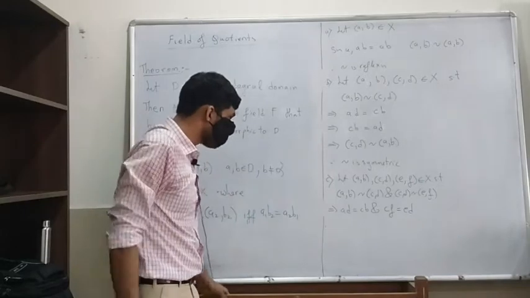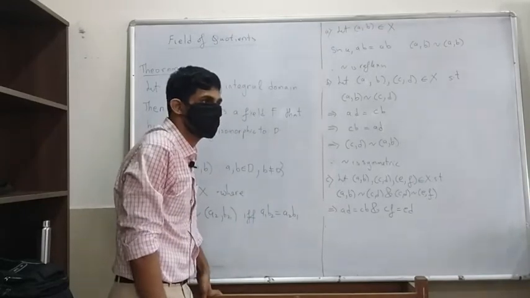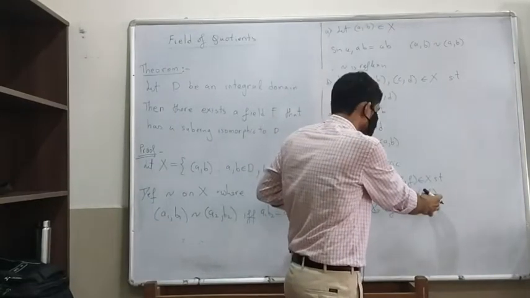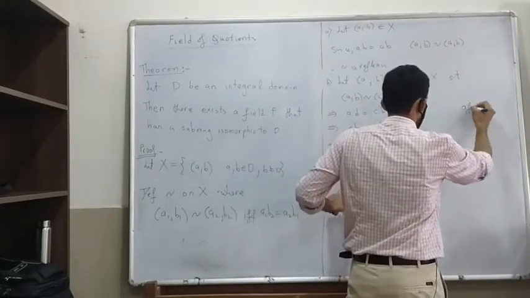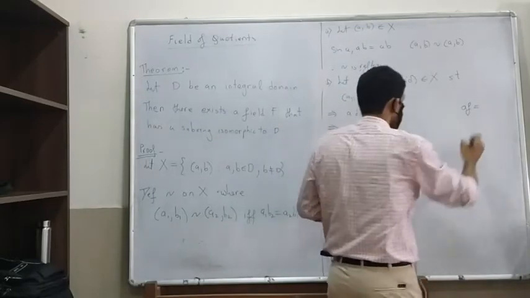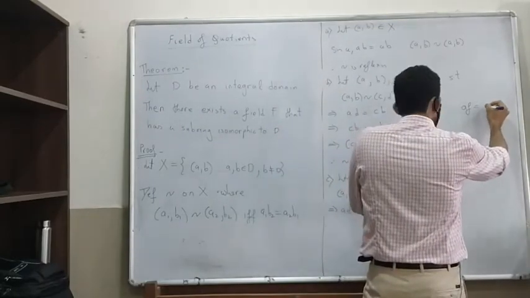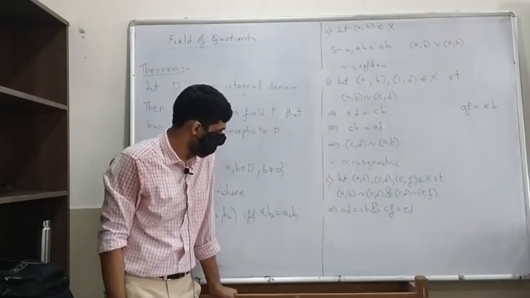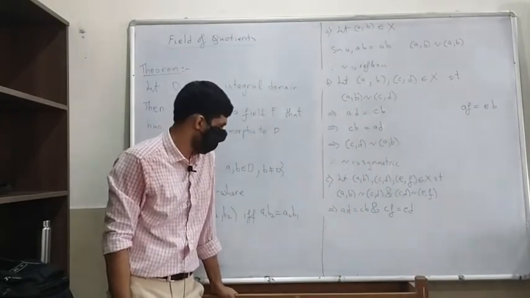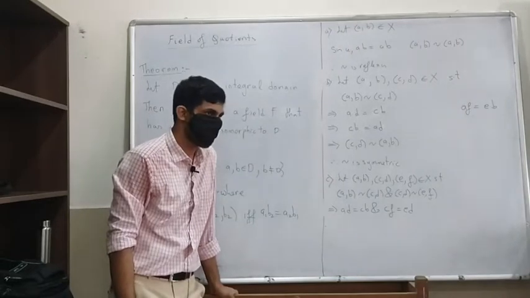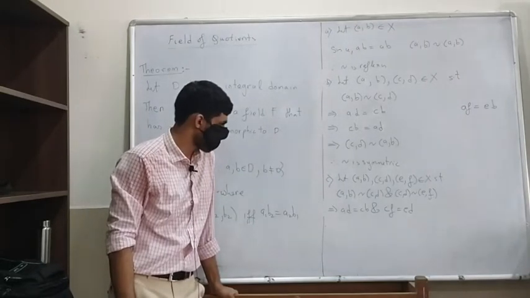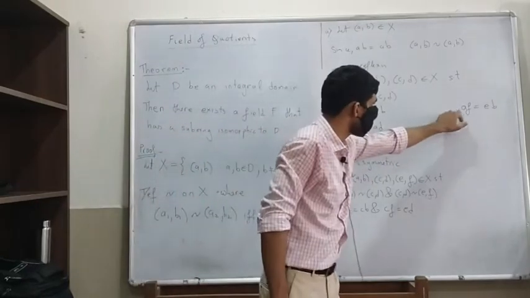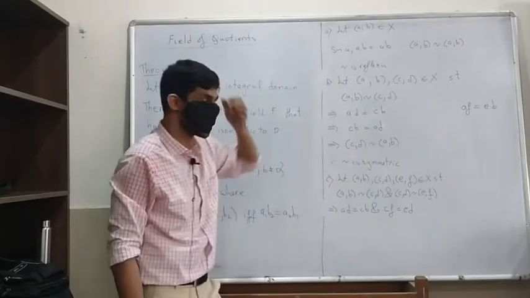What do I want to show? I want to show that a times f is equal to e times b. How will I show this?